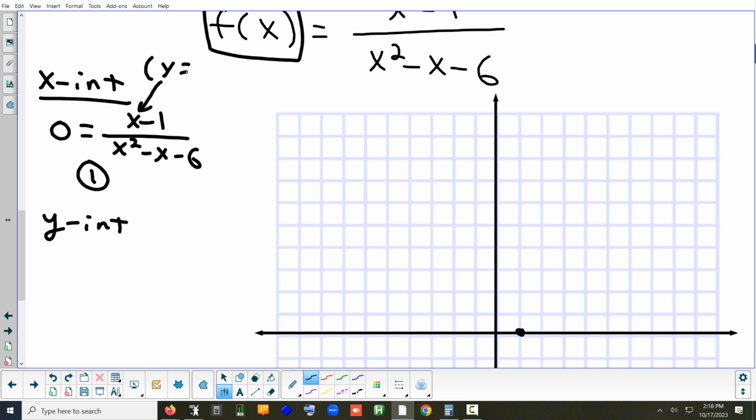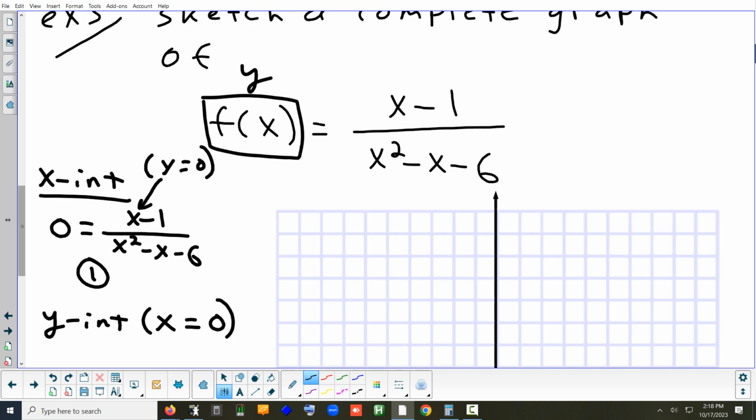The y-intercept is when x equals 0. Let's plug in 0 for x and see what we get. In the top, what's 0 minus 1? Negative 1.